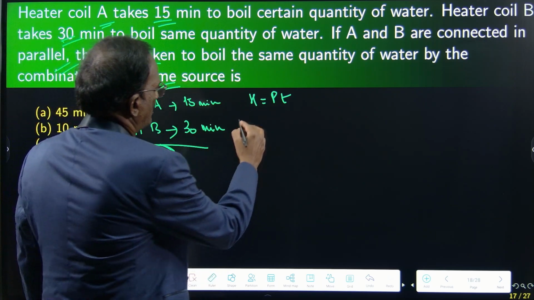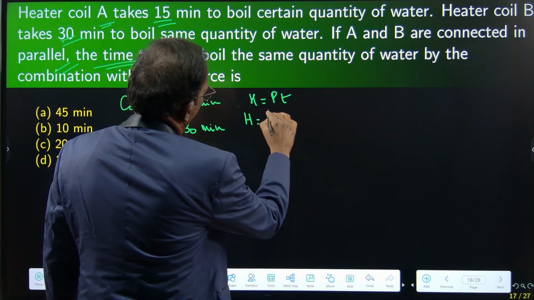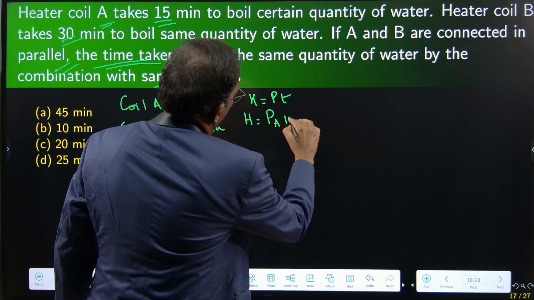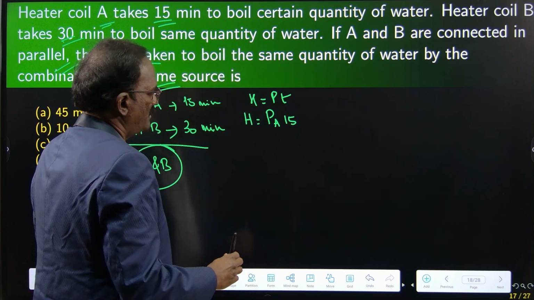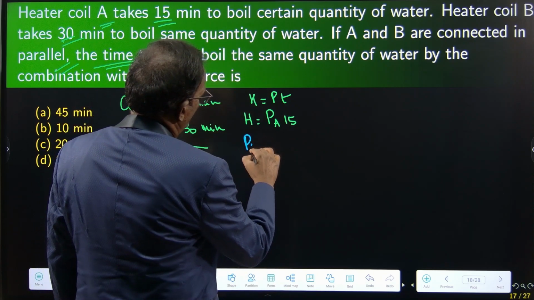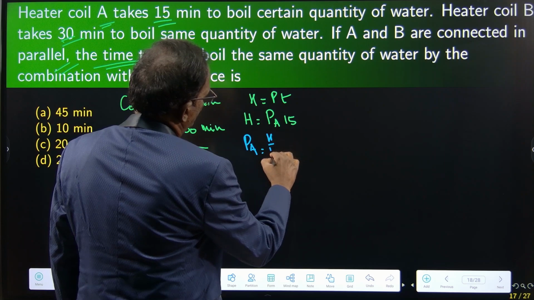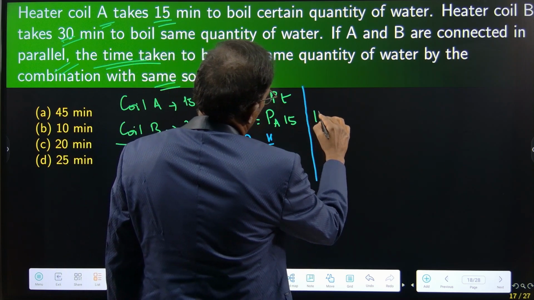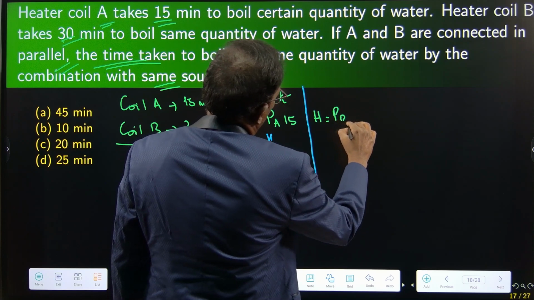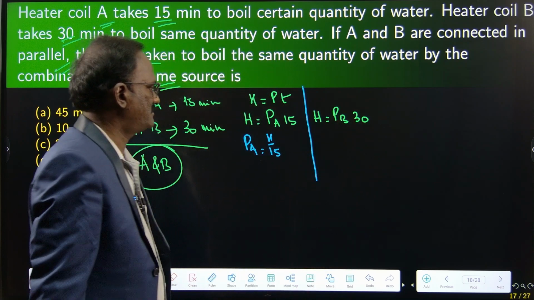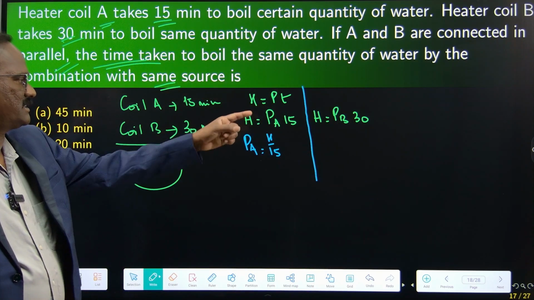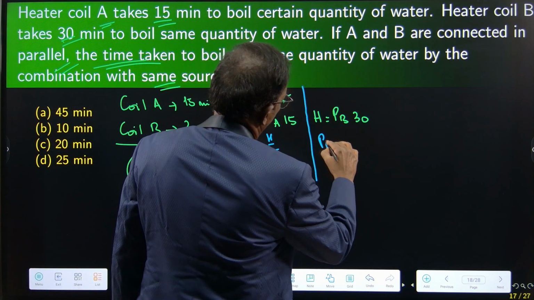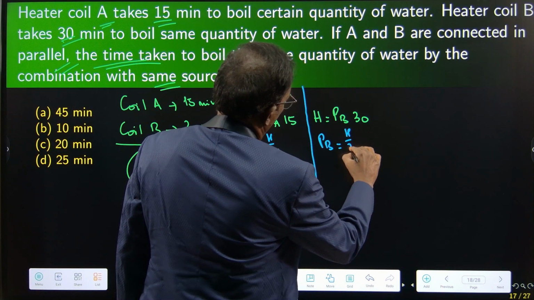So H is equal to PA into 15, which gives PA is equal to H by 15. Then H is equal to PB into 30, since coil B takes 30 minutes. So PB is equal to H by 30.